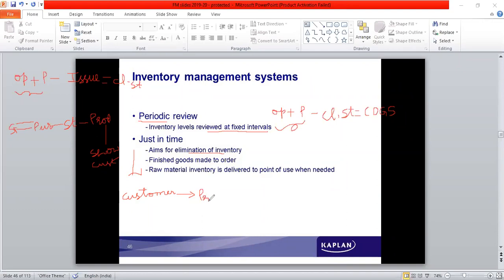But to produce the product, material is needed. Nothing is purchased beforehand and kept available; that purchase is not taken up in the JIT system. So if production has to be taken up, they approach the purchase department, which now has to purchase the material. So they approach the suppliers.